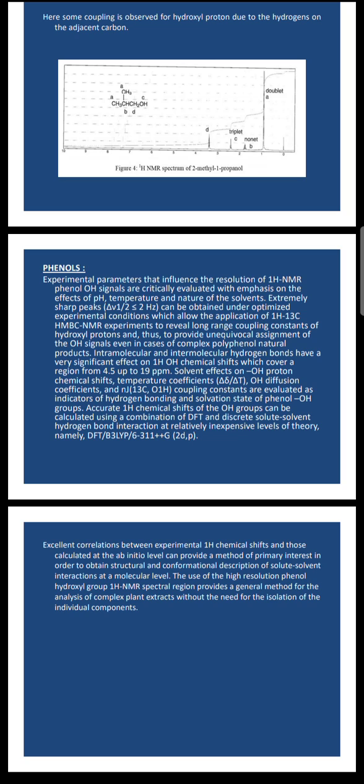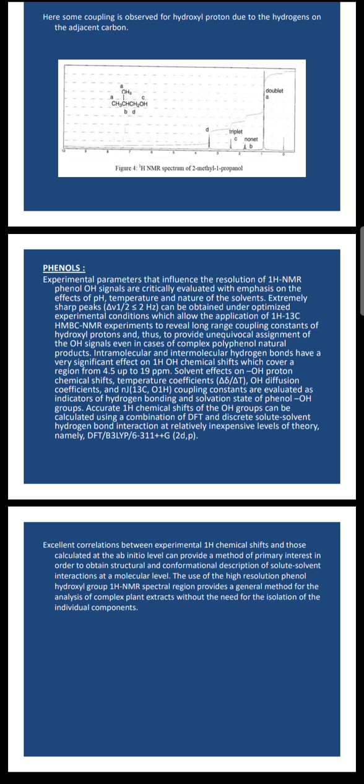Intramolecular and intermolecular hydrogen bonds have a very significant effect on 1H OH chemical shift, which covers a region from 4.5 up to 19 ppm.